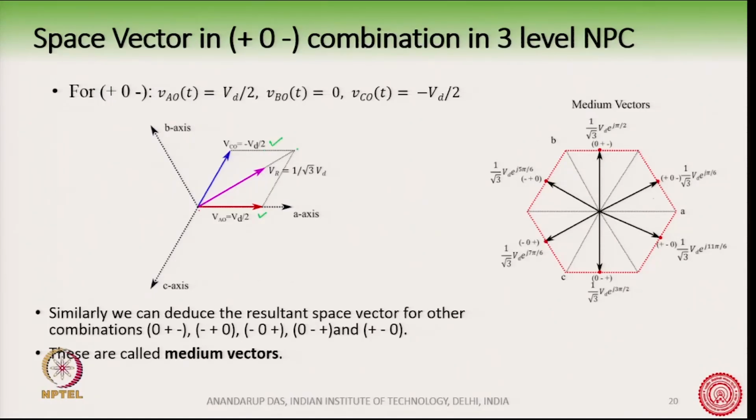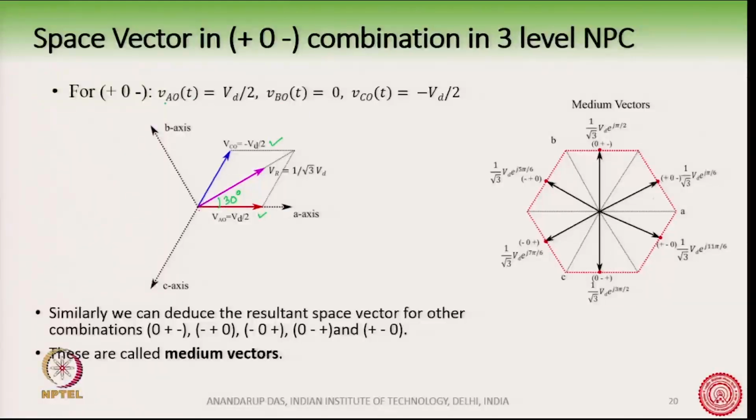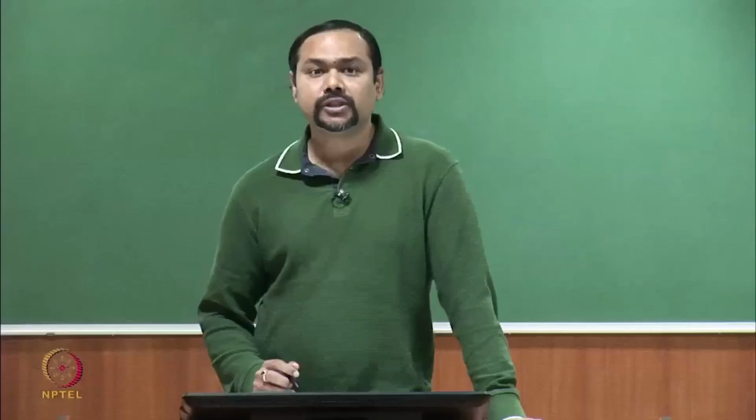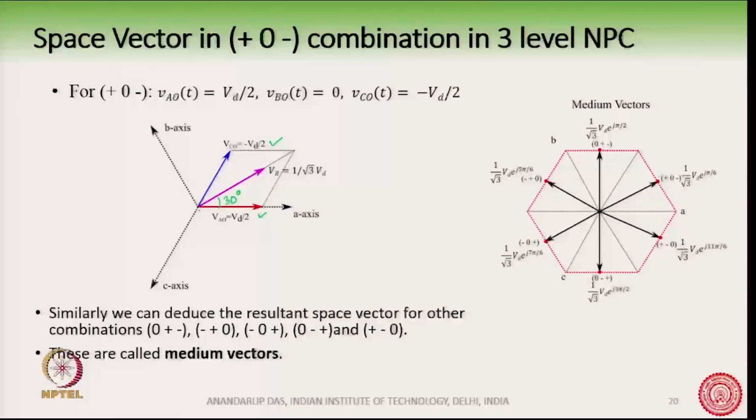The resultant of these 3, when we multiply by 2 by 3, we see that the resultant is 1 by root 3 Vd, at an angle of 30 degrees here. So, the resultant space vector for such a switching state combination will be on the outer hexagon.